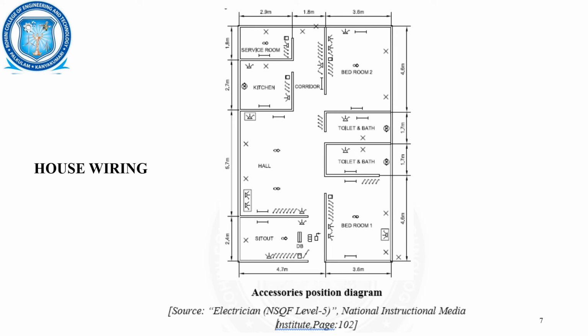And this is a model for the house wiring. Normally in a general house, we have a sit-out and then a hall followed by a kitchen with a service room. On the other side, we may have bedrooms, attached toilets, etc. In each room, we know how many lights should be present depending upon the size and the area of that particular room, and the necessity of adequate air conditioning effect.